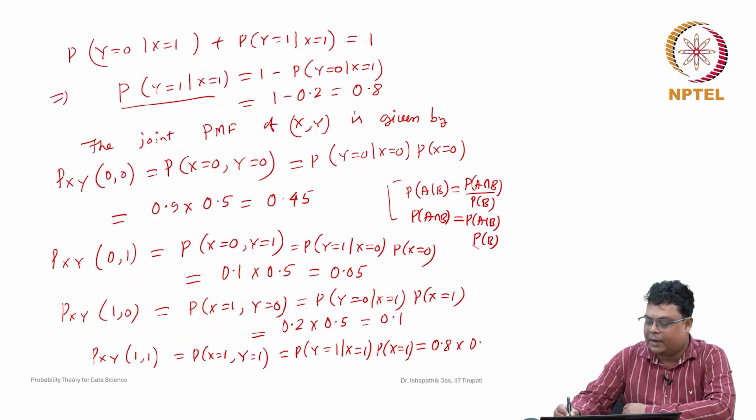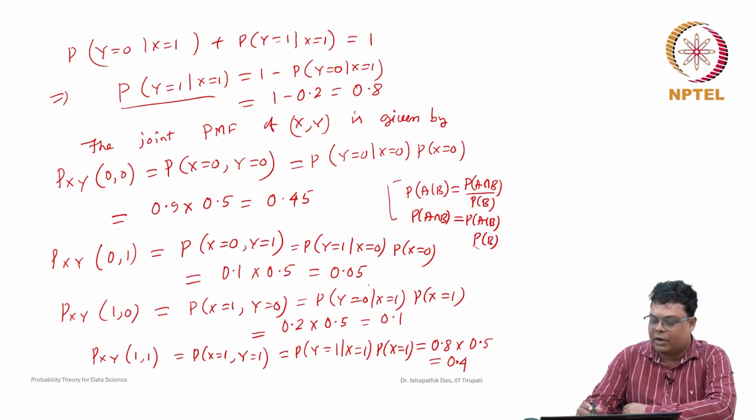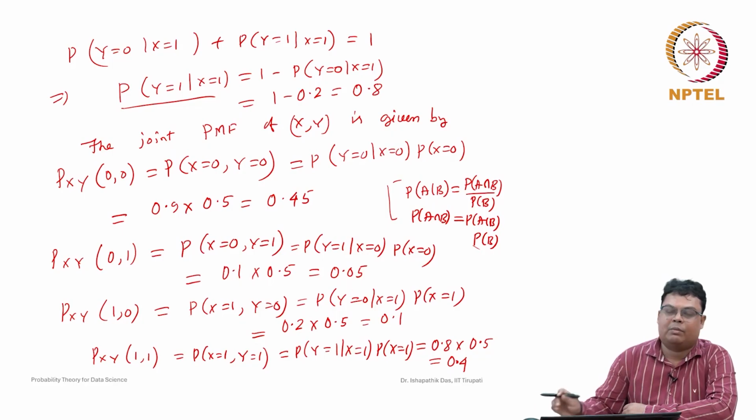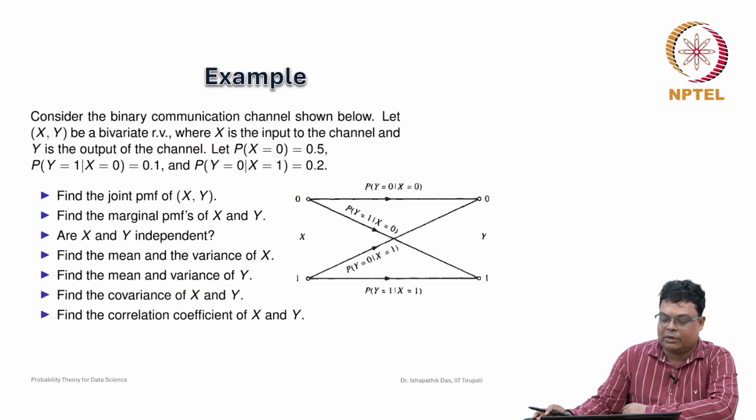So, 5 into 8 is 40, so 0.4. Now you can check that if you take the sum of all these values, because it is a joint probability mass function, this should be equal to 1. So, 0.45 plus 0.05, 0.1 plus 0.4, 0.5 plus 0.5, this is equal to 1. So, this is the joint probability mass function we have found.